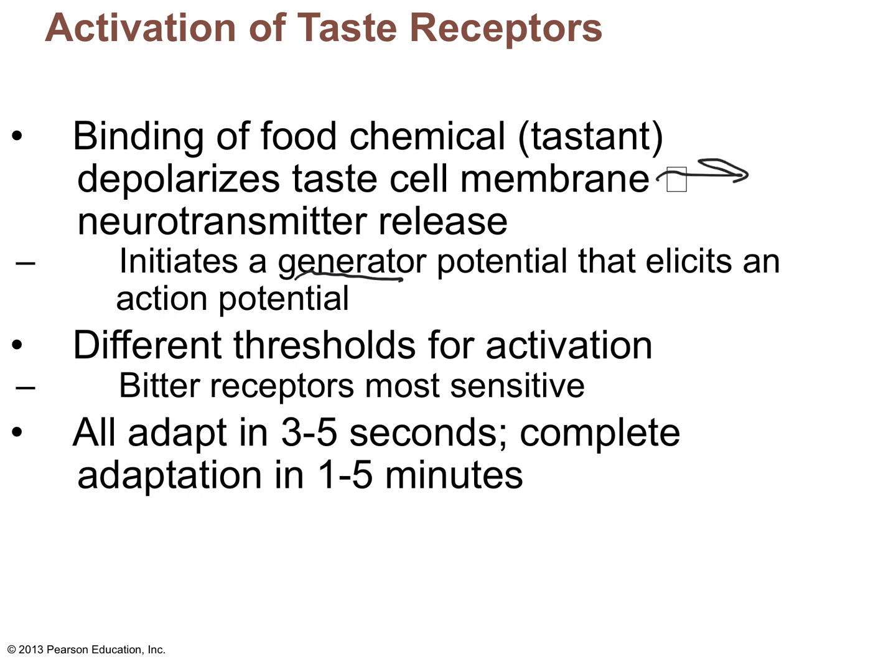It depolarizes a little bit, and then there's neurotransmitter release. So we get first this small generator potential that then sums up together to give us a big old action potential.